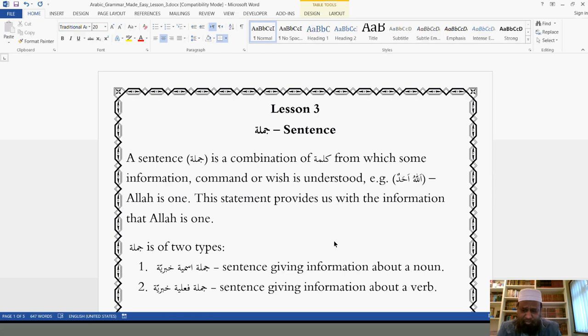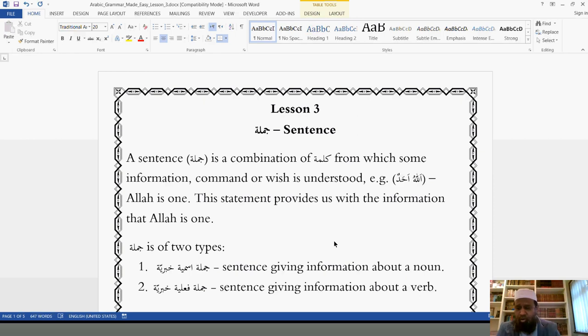Can be two isms, can be fail and ism, or can be two isms and a harf, or can be fail, ism, harf and ism, all combinations. A combination of kalima from which some information, command or wish is understood.